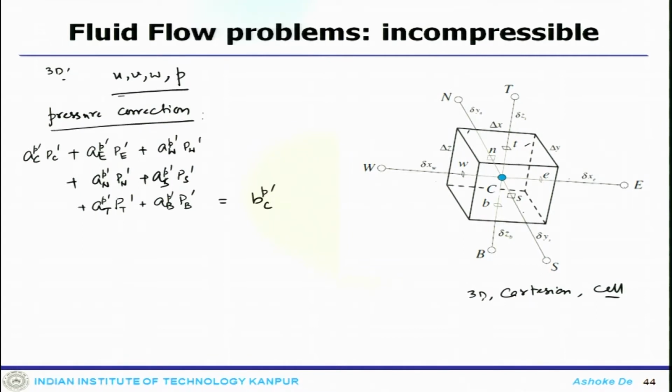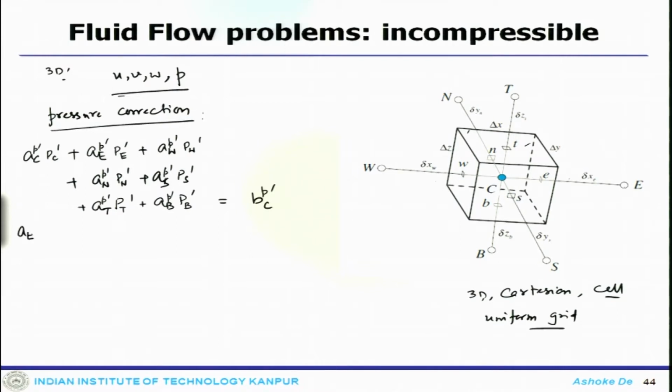Here one can imagine the coefficients would look similar as long as we assume it is a uniform grid. So, the coefficients would look exactly similar to those we obtained for the two dimensional case.